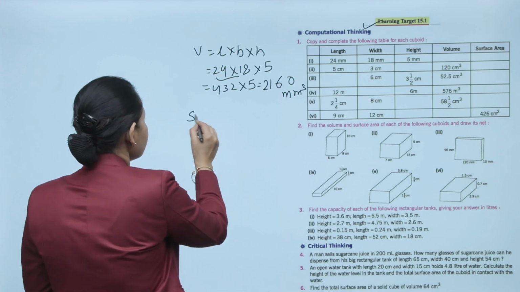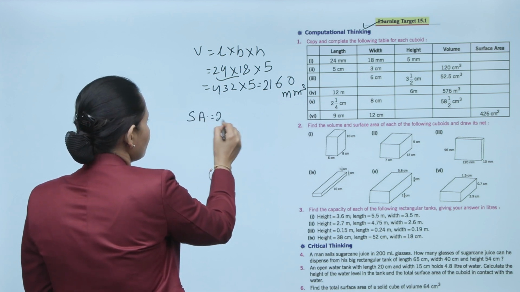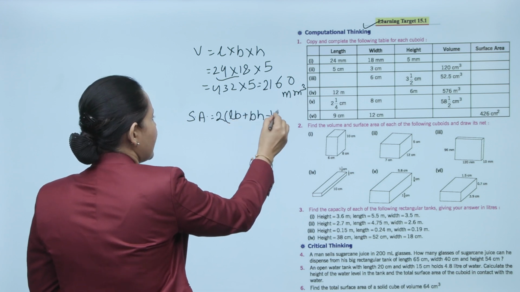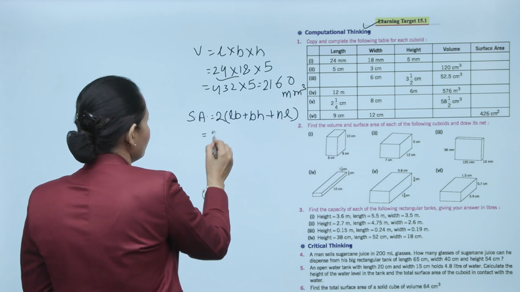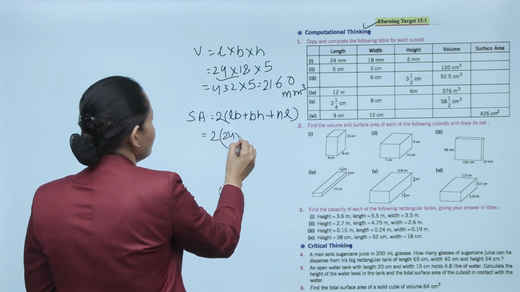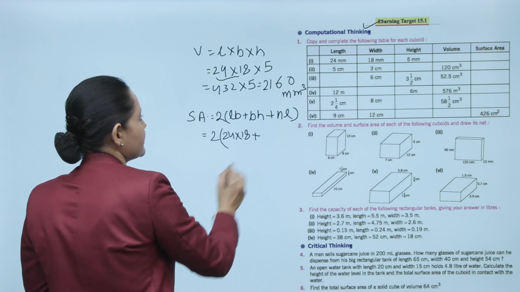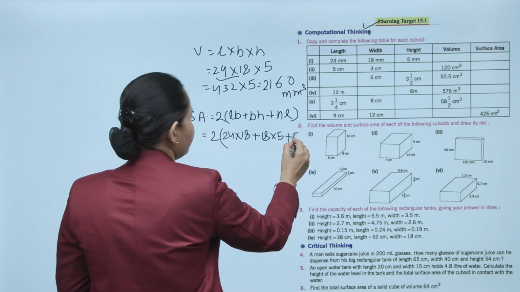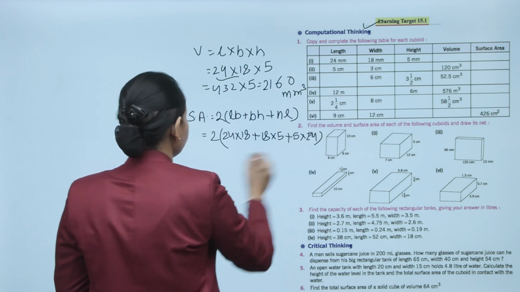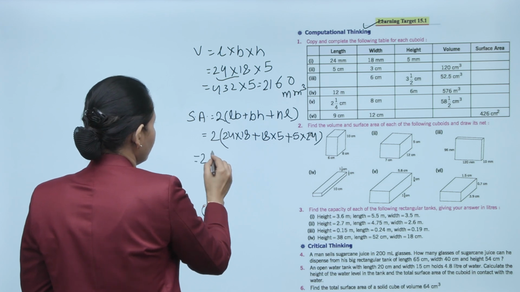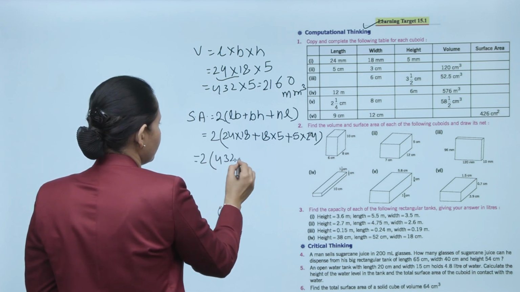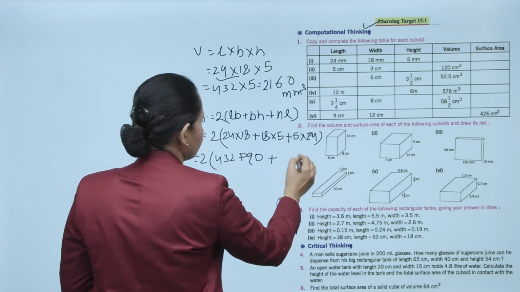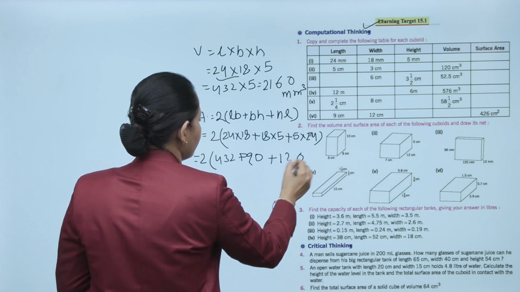Now we have to find the surface area, which is 2 multiplied by (LB plus BH plus HL). So 2 times (24 into 18 plus 18 into 5 plus 5 into 24). That is 2 times (432 plus 90 plus 120).